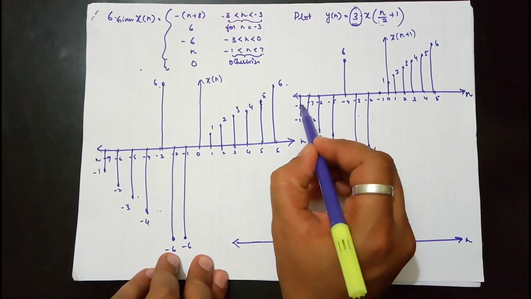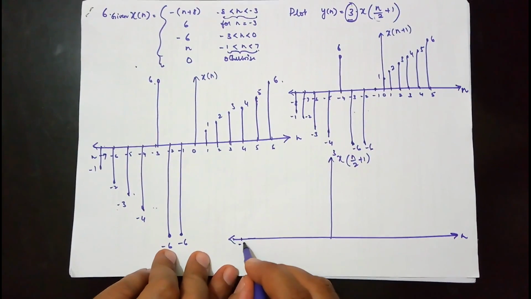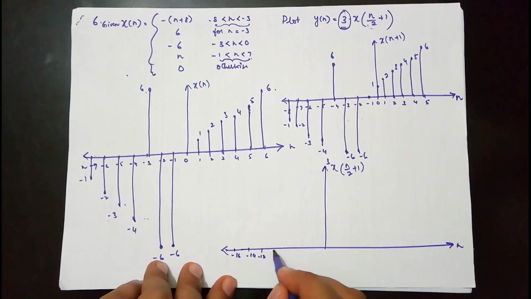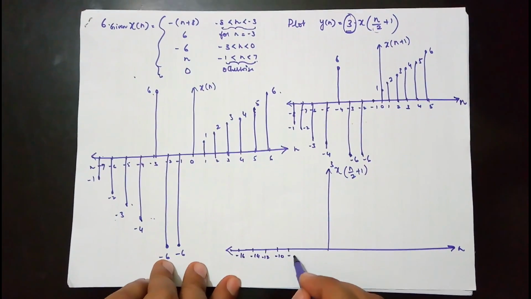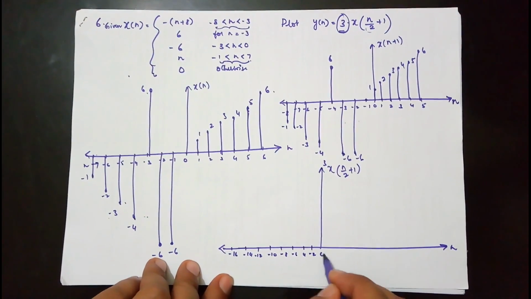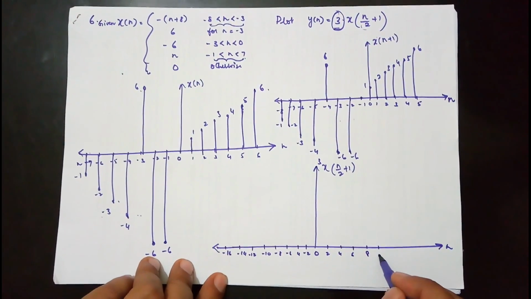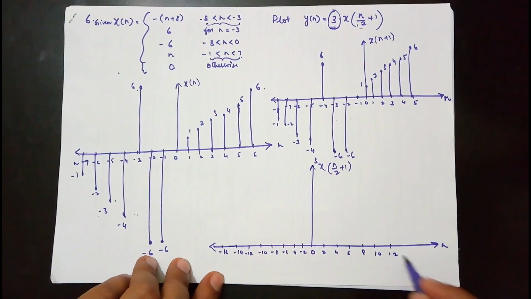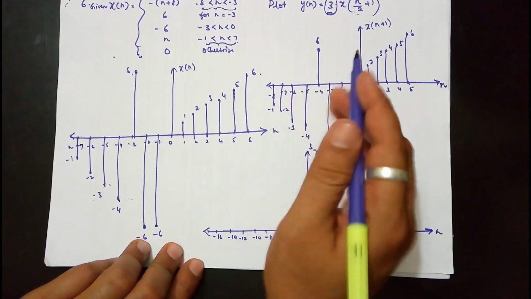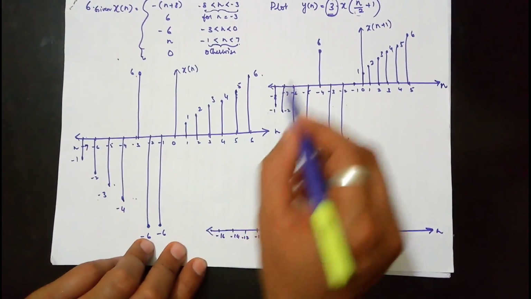Now the sample at minus 8 will go to minus 16. So if I write minus 16, minus 14, minus 12, minus 10, minus 8, minus 6, minus 4, minus 2, and 0, 2, 4, 6, 8, 10, and 12, and so on. So the sample at minus 8 will be moved to minus 16, and that amplitude will be multiplied by 3.